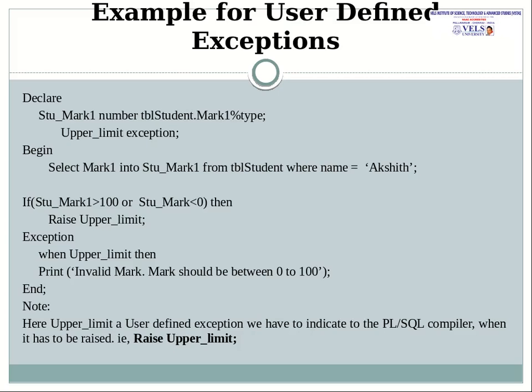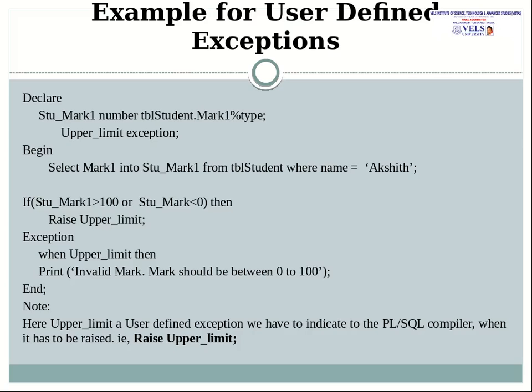A simple example for a user defined exception: we take student mark 1 as a number, mark type, and upper limit exception. Here the upper limit exception is my user defined exception. In this, if student mark 1 is either 100 or 0, and any one condition is true, it raises the upper limit.